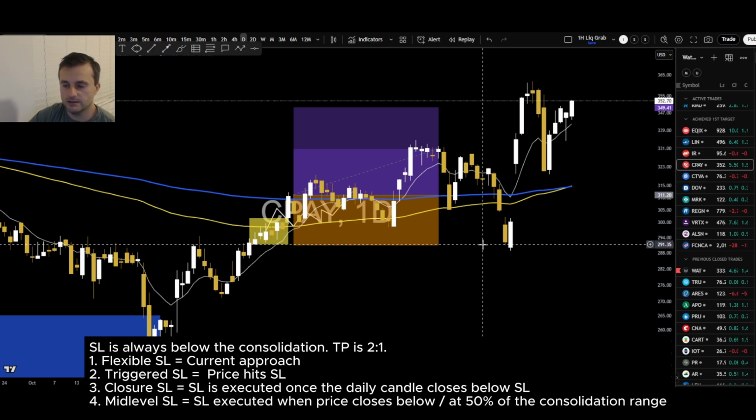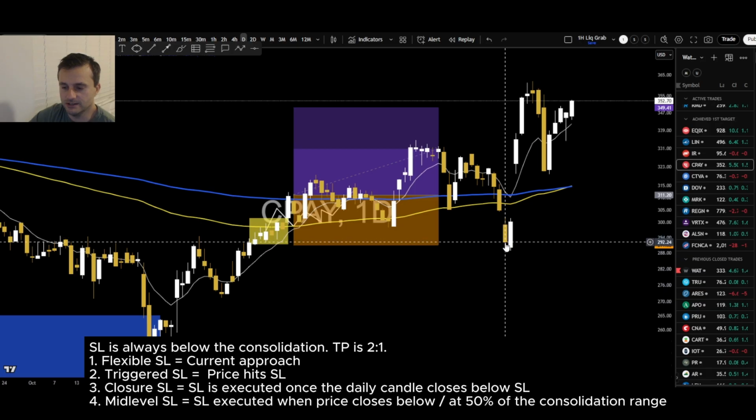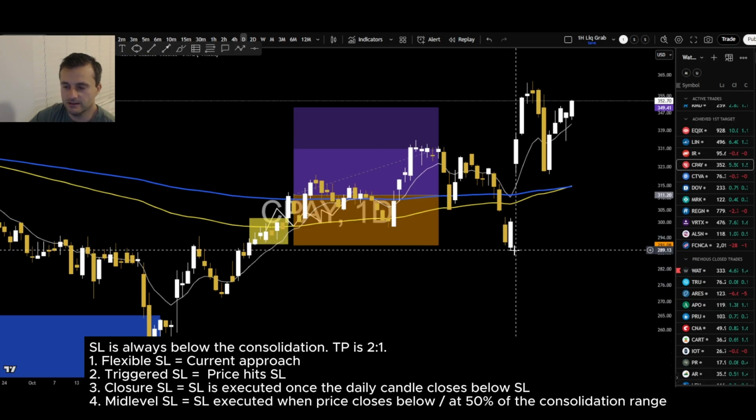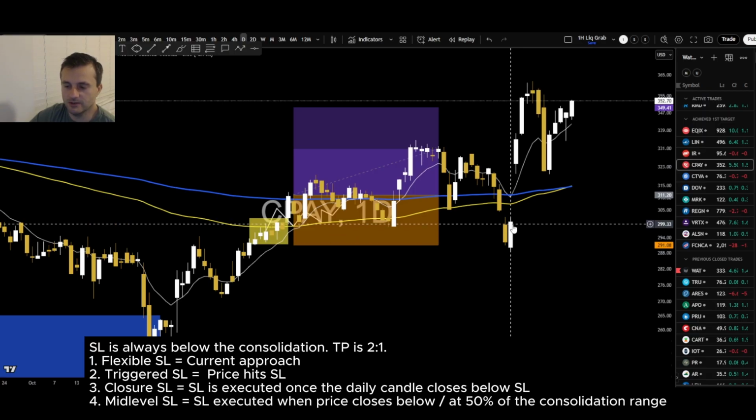However, option 2, or trade method 2, was actually triggered here, and this would have been a loss, even though it was really barely touching it on this candle. The very next day there was a gap, the price dipped below, and even though it closed above, if you have this very strict mechanical method, these are the risks that you are going to face.